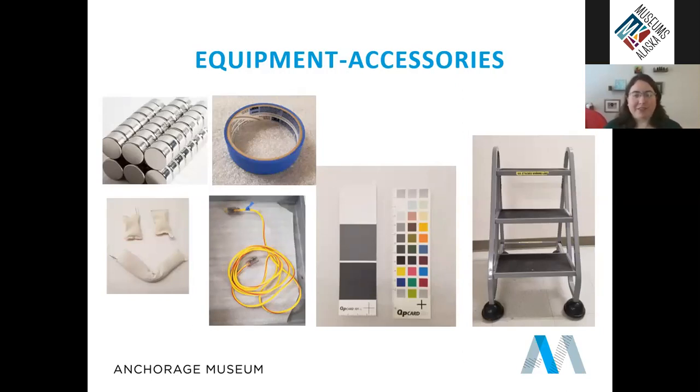With the lights, I keep forgetting to bring an extension cord, so I took a photo of that. The low tack or blue tape I've been using to hold up the color cards. All of you will be getting this black, gray, and white balancing card, and we'll learn how to use it later in the webinar. And a step stool might also be helpful if you need it.